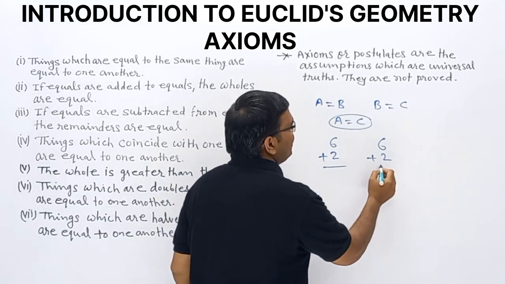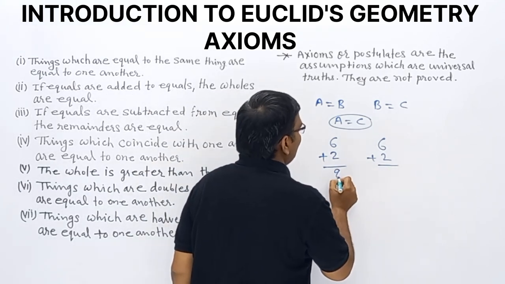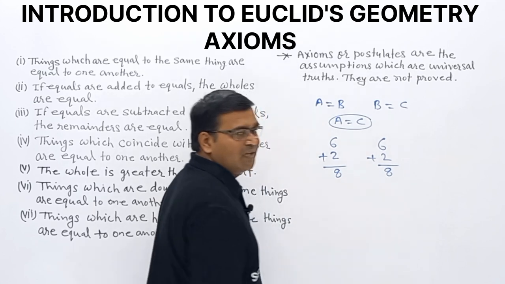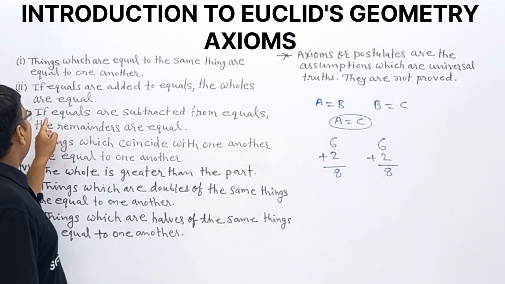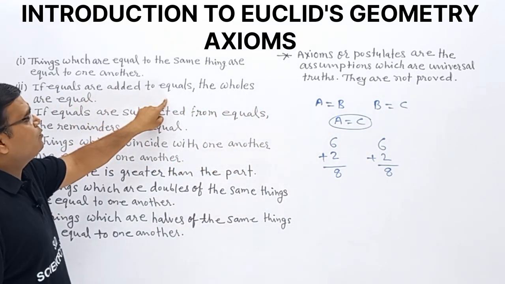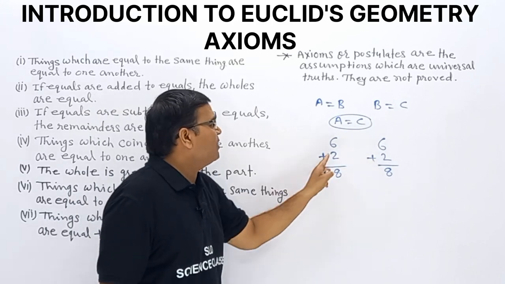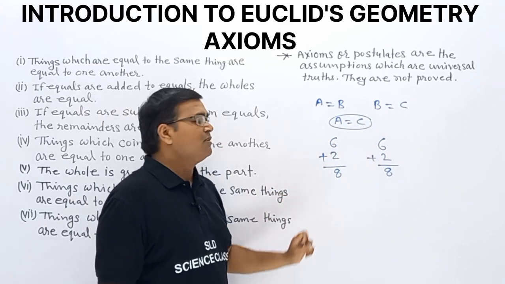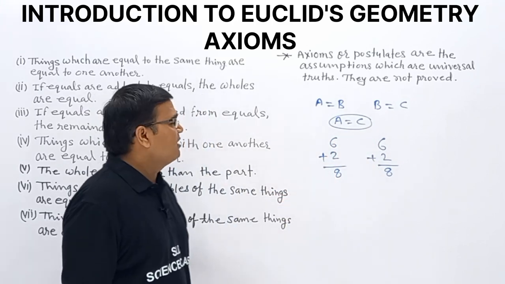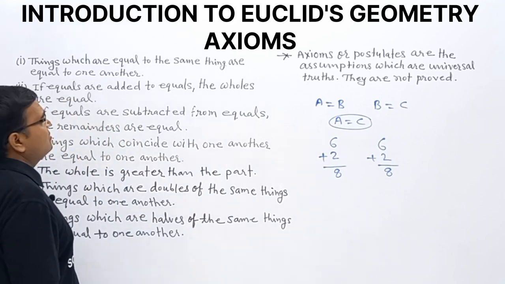Whatever result we get will be equal: 8 and 8. If equals are added to equals, the result is equal. This is the second axiom.